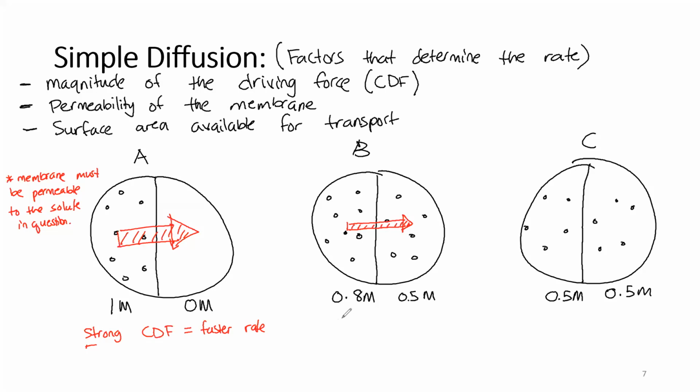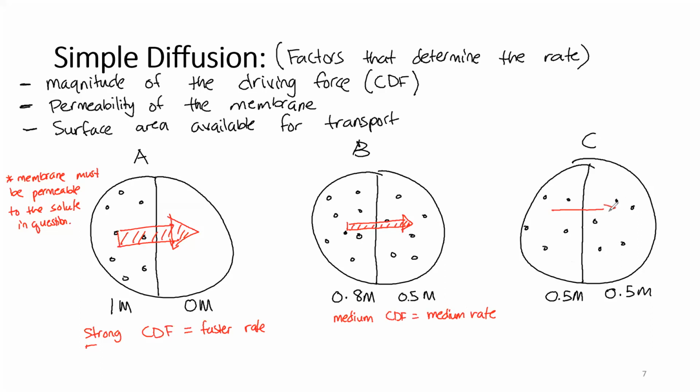So in scenario B, we have a medium chemical driving force, which equals a medium rate of simple diffusion, okay?